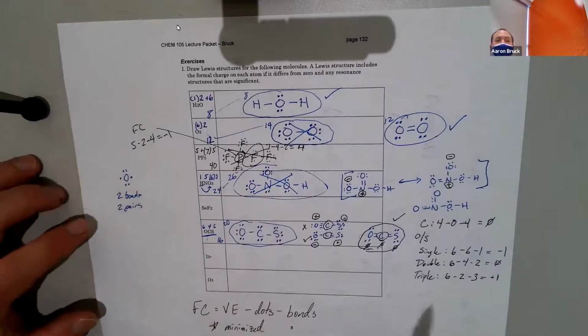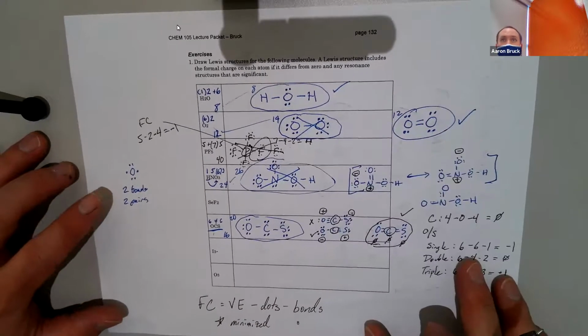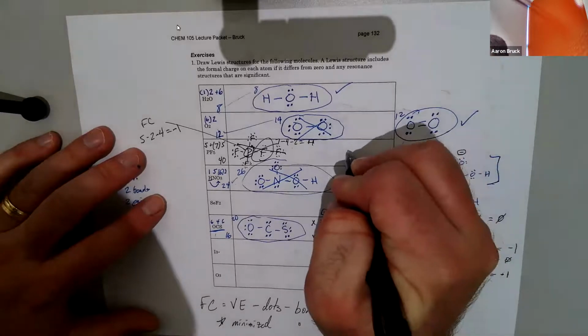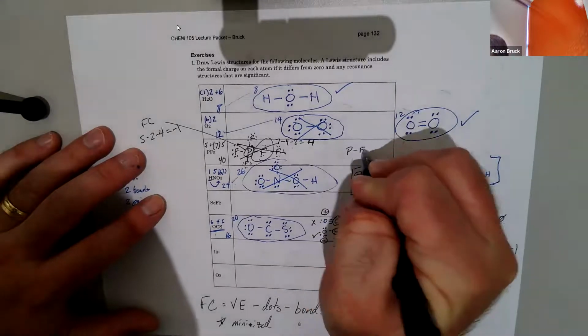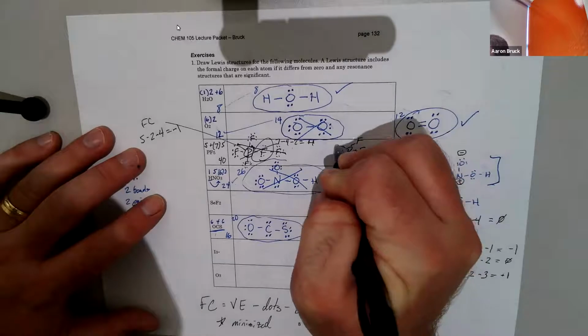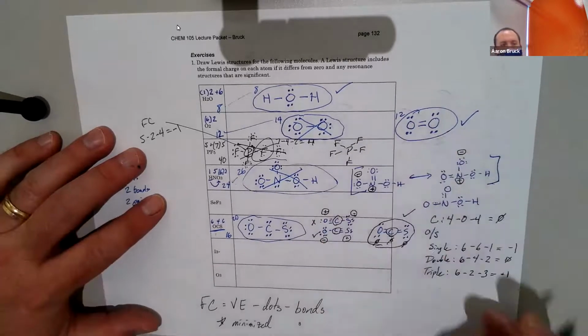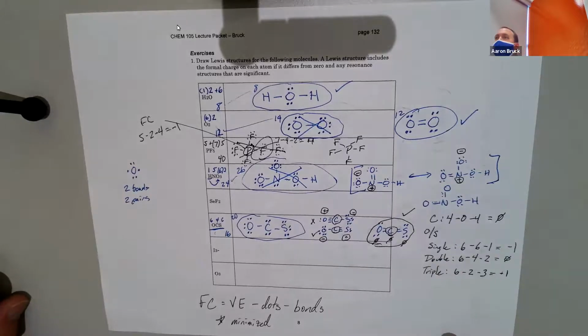Since we know that breaking the octet rule for phosphorus is okay, why don't we just break it in the simplest way possible? Simplest way possible would be going back to single bonds for fluorine to phosphorus all over the place.